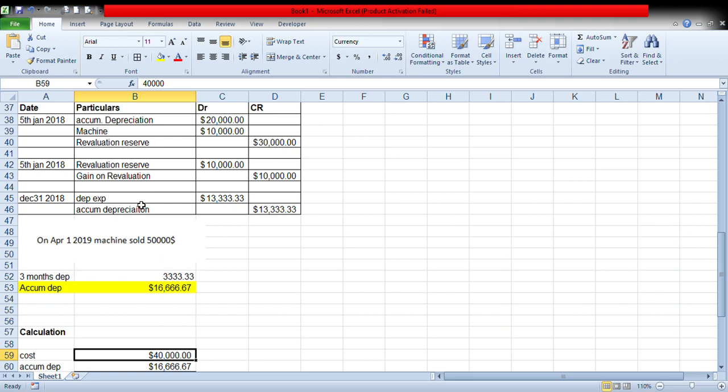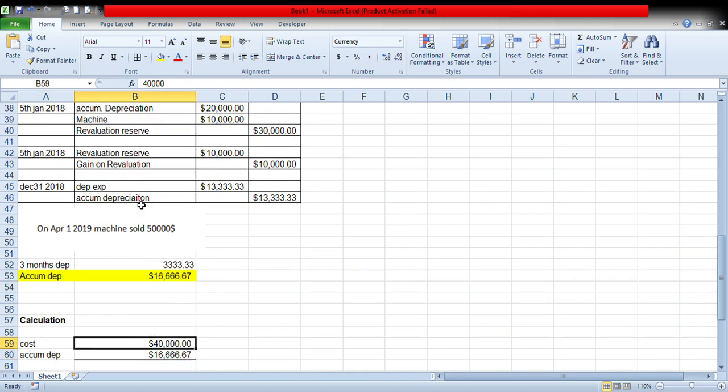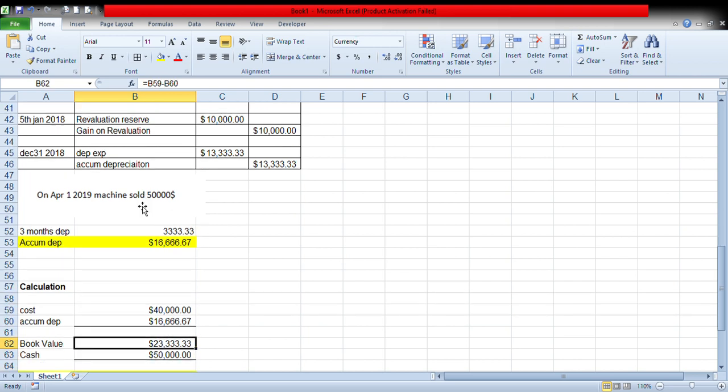Now let's calculate. Cost is 40,000, which is the market value of the asset after revaluation. Accumulated depreciation, so the book value is this. The cash is 50,000, which the buyer is giving us.